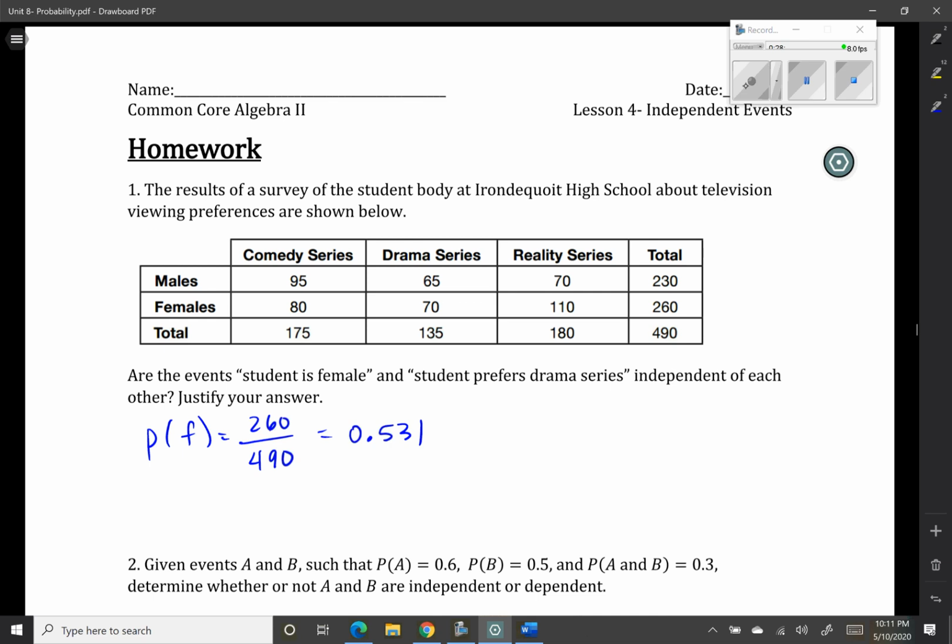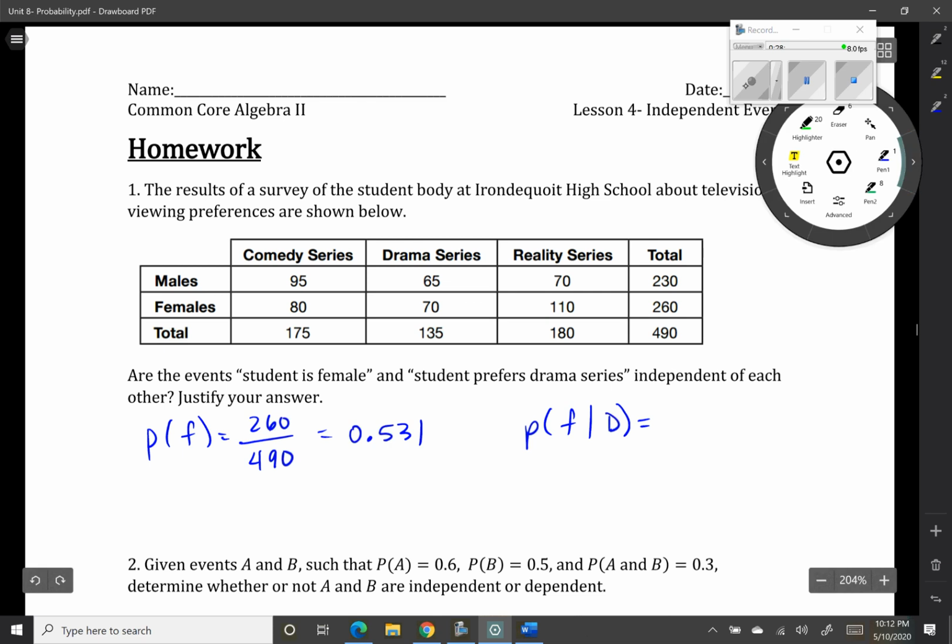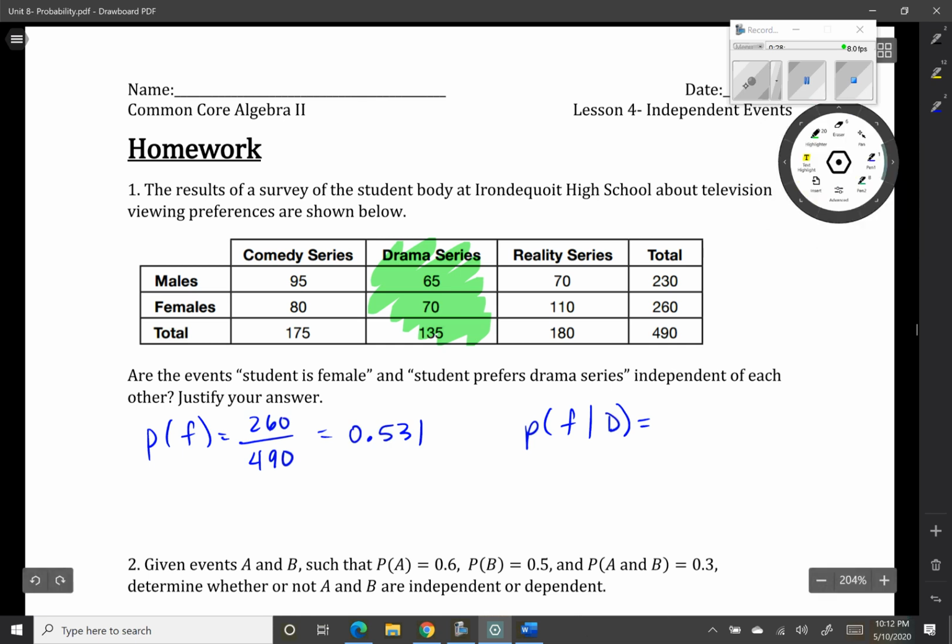Now, to prove whether or not the idea of being female and liking a drama series are independent or not, I need to see, is the probability of being female, given the fact that you like a drama series, the same as this? Since drama series is what's given, I'm going to highlight the drama series part of my chart. I only care about this part of my chart now. So there are 135 people that like drama series.